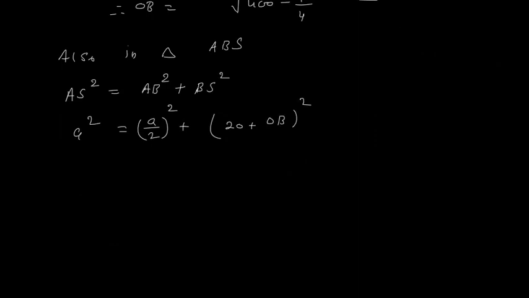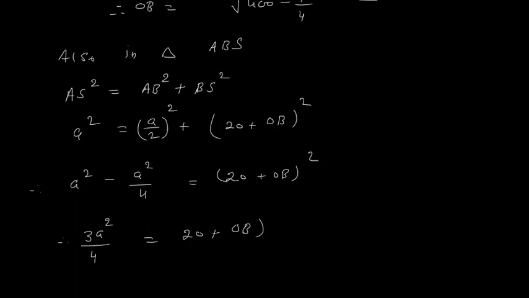So I get A square minus A square upon 4 is equal to 20 plus OB the whole square. So 4A square minus A square is 3A square, therefore 3A square divided by 4 is equal to 20 plus OB the whole square.